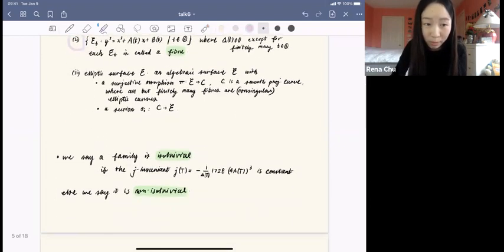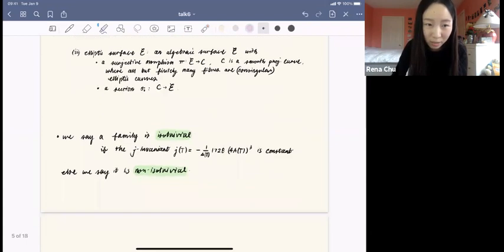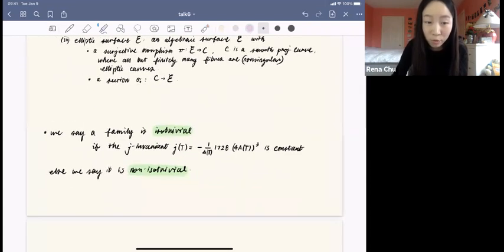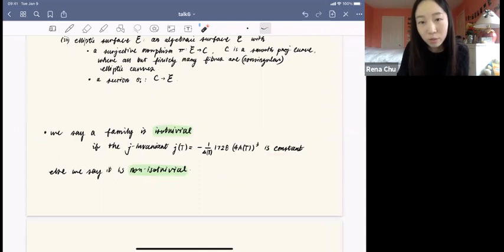Onto more vocabulary, we say that a family of elliptic curves is isotrivial if the j-invariant is constant for all rational t, or else we say that it is not isotrivial. And we will come back to these two terms later on.